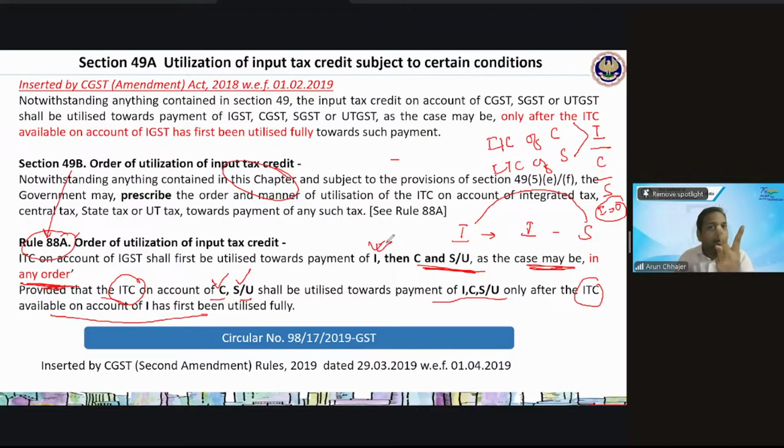Second point, I should become zero before utilizing anything. I to ICS, CS to ICS, whatever you want you do, but I should become zero. Is that clear to all?